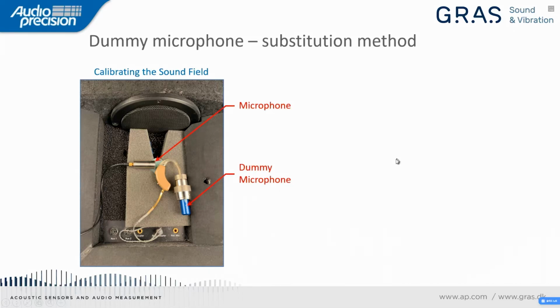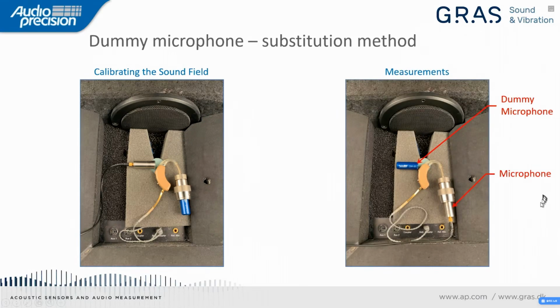So in this case, when you're calibrating the sound field, you would put the reference microphone at the test point, the center of the blue dot or blue circle here on the surface, and you would place the dummy microphone, which is approximately the same size and shape as the measurement microphone, inside the coupler. And then when you're ready to do the measurements, you would flip those two around, and now we have the dummy microphone that replaces the reference microphone, and the reference microphone is placed inside the coupler.